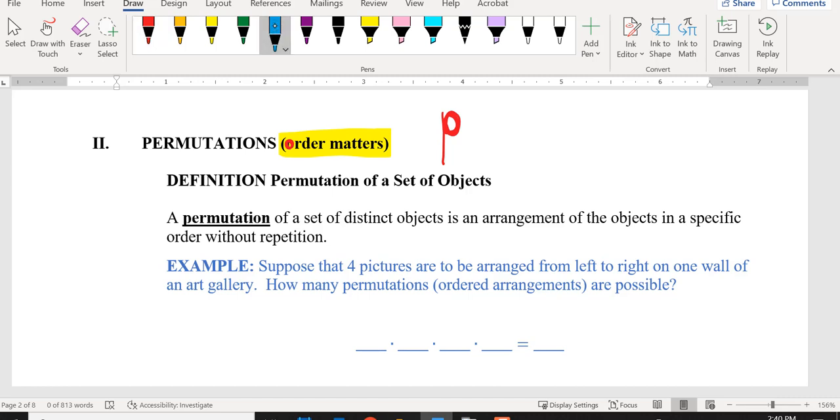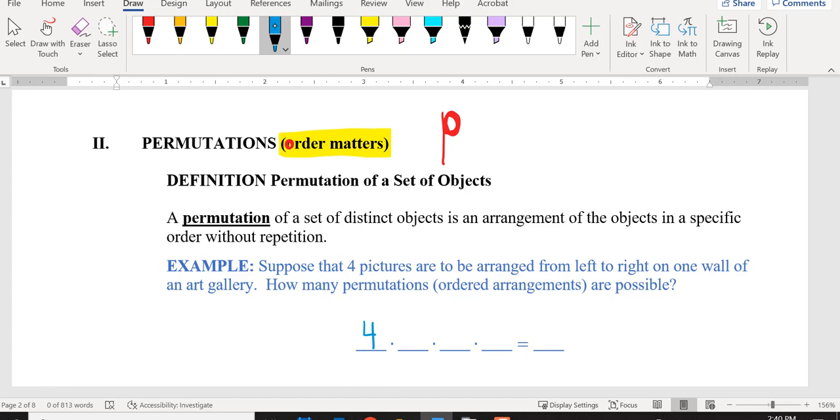So an example, suppose that 4 pictures are to be arranged from left to right on one wall of an art gallery. How many permutations, in other words, how many ordered arrangements, are possible? So, going from left to right, we could pick one of the 4 paintings to go on the far left.